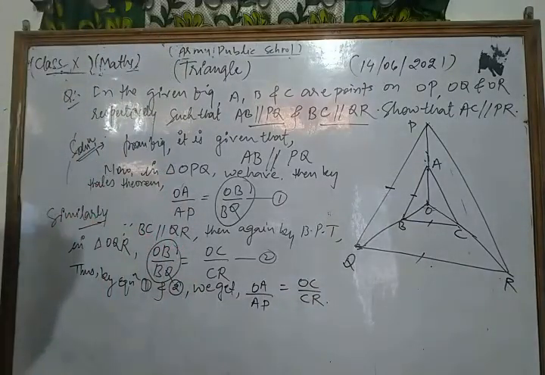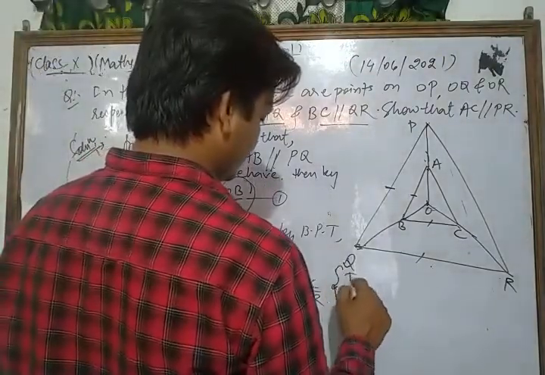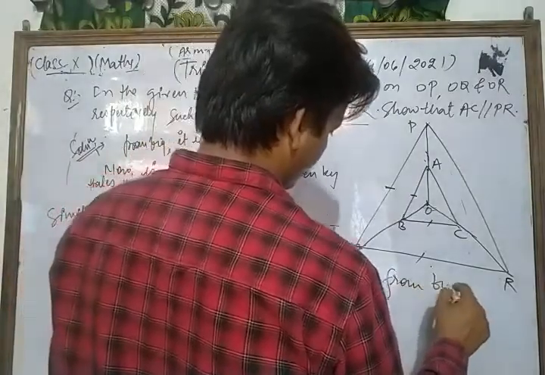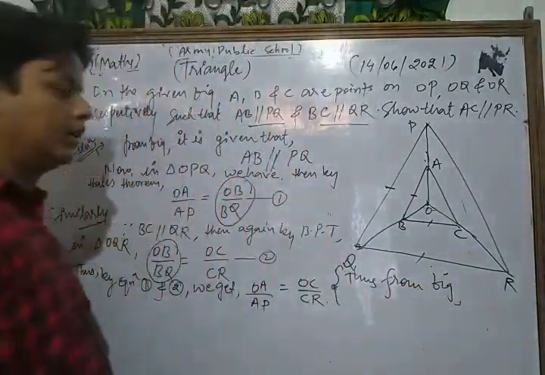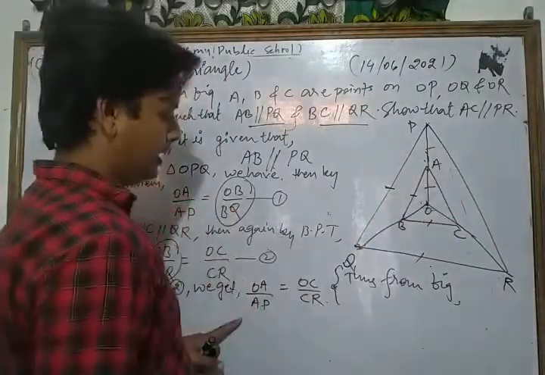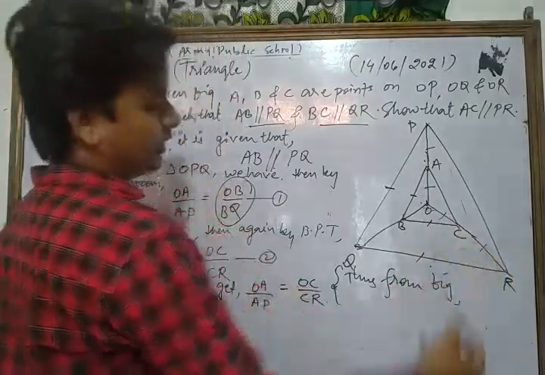Now look, thus from the figure, OA upon AP is equal to OC upon CR.